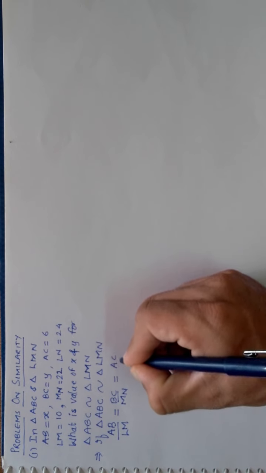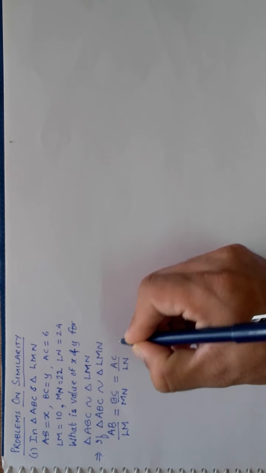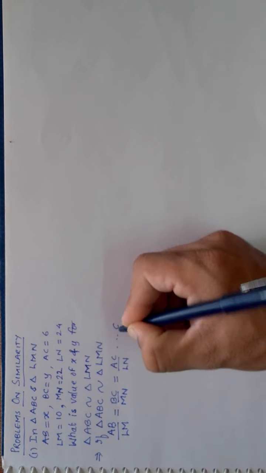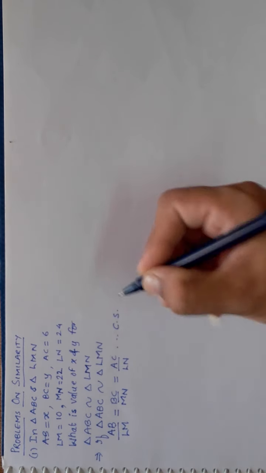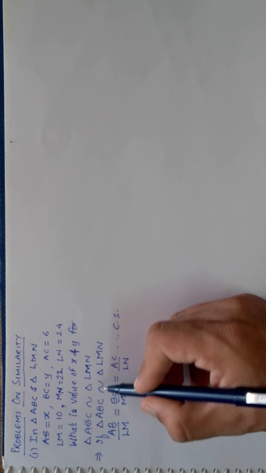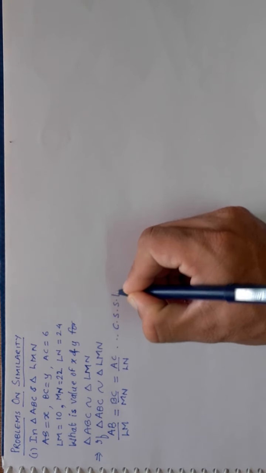So LM is equal to second third is to second third, and then first third is to first third. What did I do? First, second I did, corresponding. What did I take? Sides. From where did I take? From these triangles which are similar, that is corresponding sides of similar triangles.